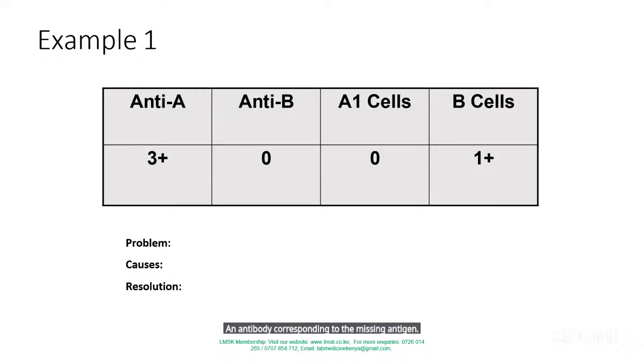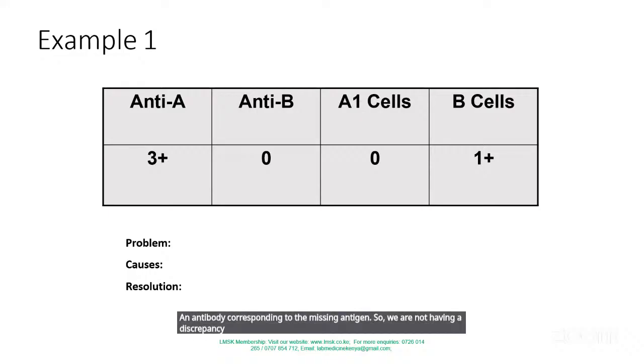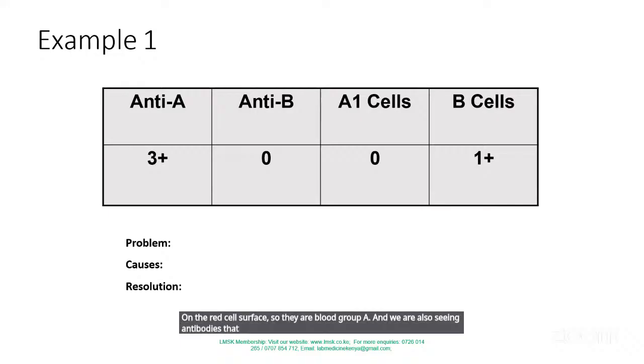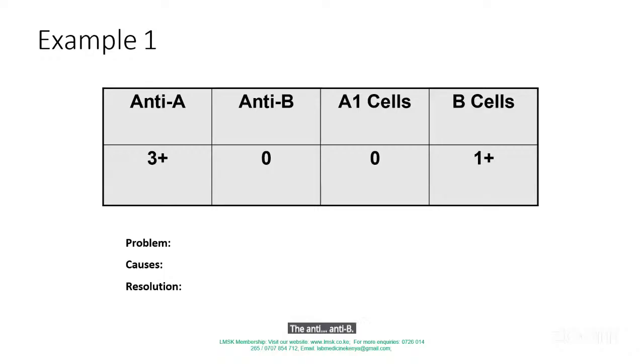So we are not having a discrepancy per se, but now the discrepancy is coming in the strength of the reactions. We are seeing a very strong reaction with anti-A, confirming the patient has got A antigen on their red cell surface, so they are blood group A. And we are also seeing antibodies that are present in our patient, the anti-B, but giving us a very weak reaction with the B cells.